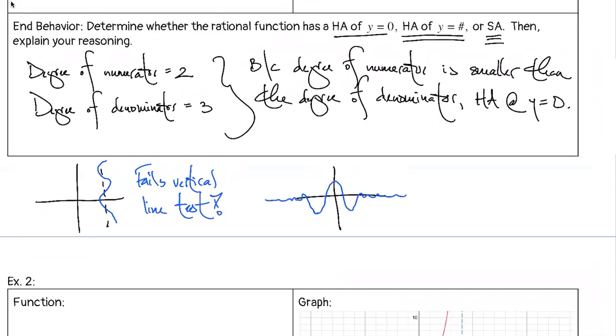This has a horizontal asymptote, but it crosses it a whole bunch of times. It's okay to cross a horizontal asymptote because it doesn't then fail the vertical line test. Okay? Yes, you cannot cross a vertical asymptote, but you can cross a horizontal asymptote.